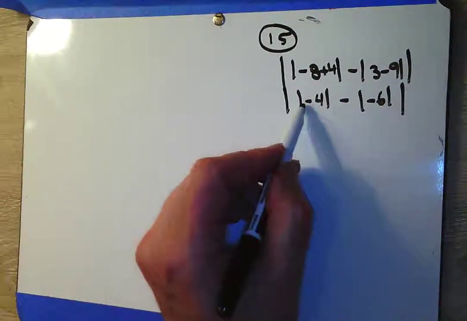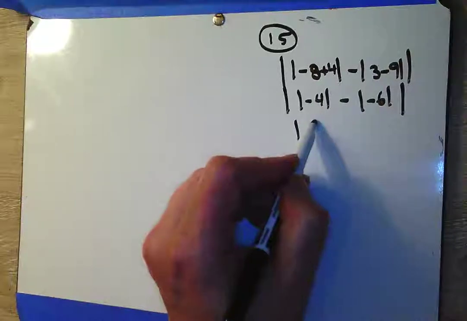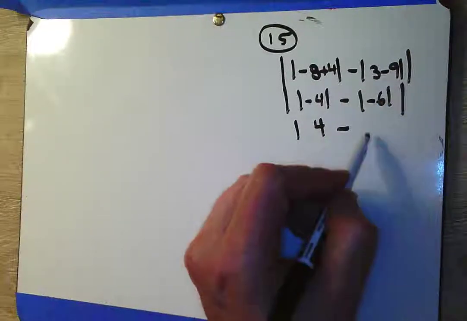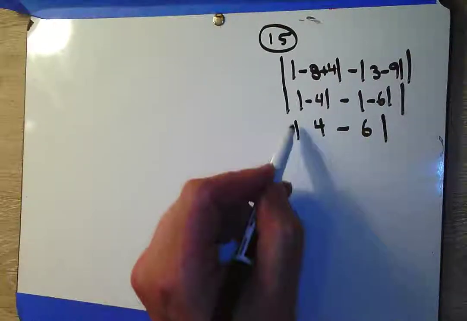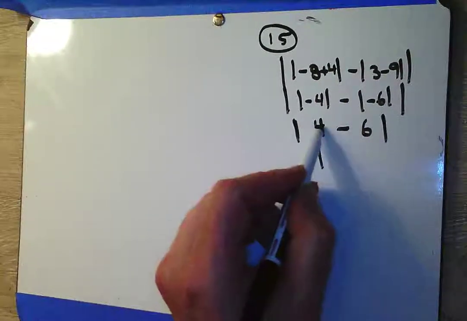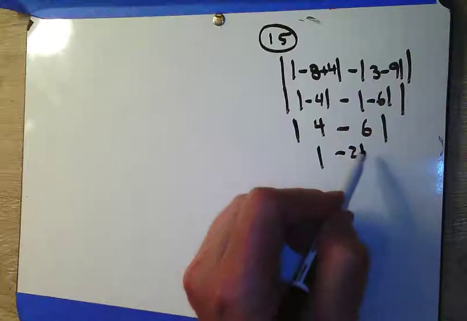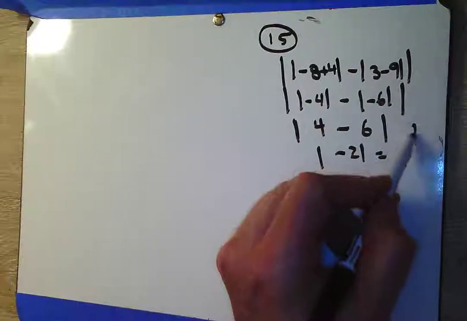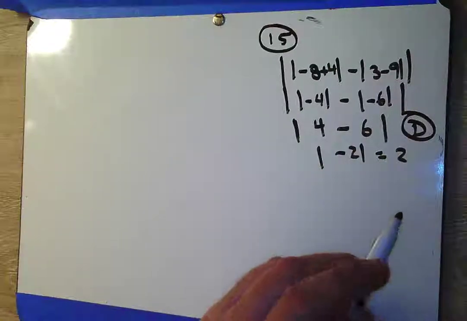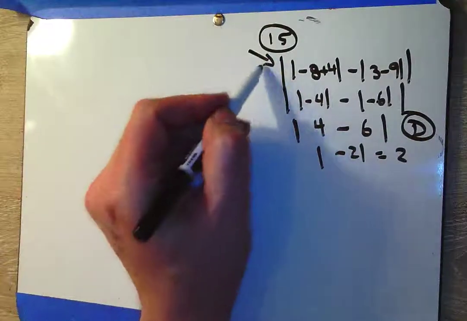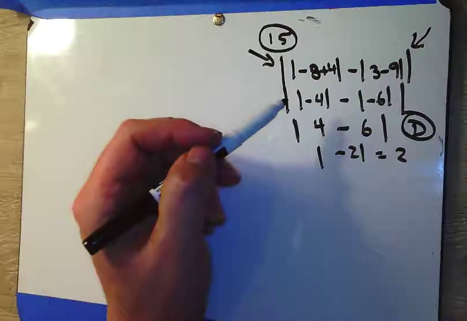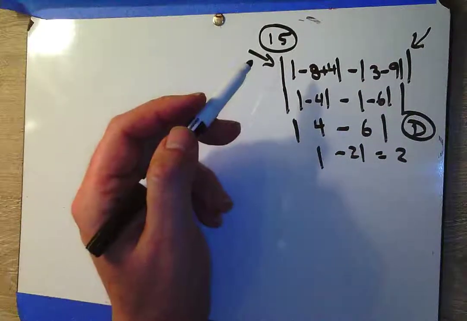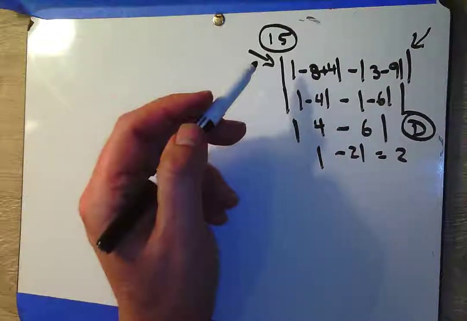And then here, absolute value of negative 4 is 4, and absolute value of negative 6 is 6. And so I get the absolute value of 4 minus 6, or negative 2, which is 2, which is why D is my answer for number 15. If you miss these outermost absolute values, you're likely to choose choice B, which would be wrong. So be careful with what you see.